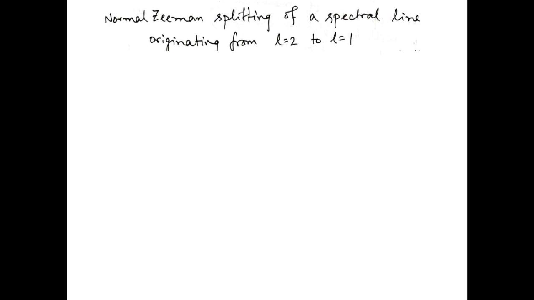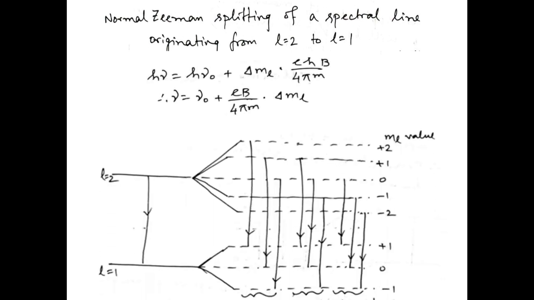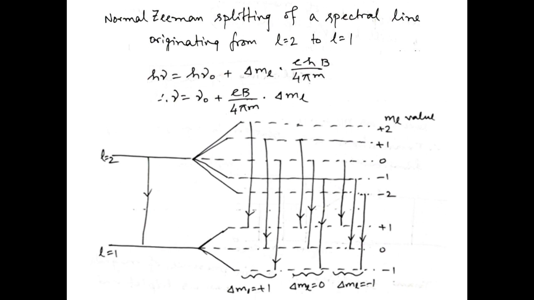If we consider another example, where the transition takes place somewhere in between L equal to 2 to L equal to 1, how does the transition look? It is a single line, and remember the selection rule tells delta L equal to 0 or plus or minus 1.